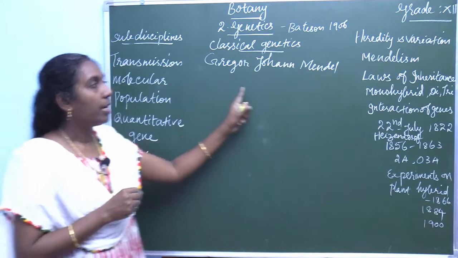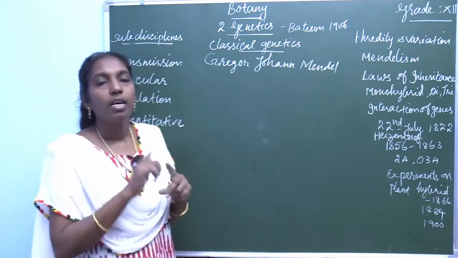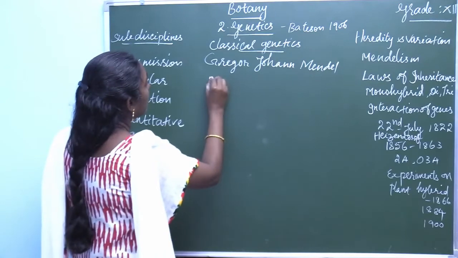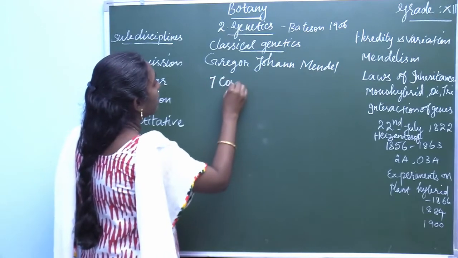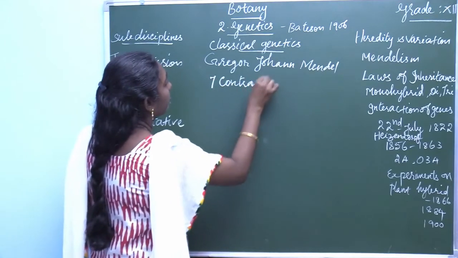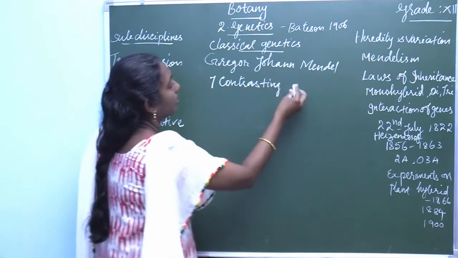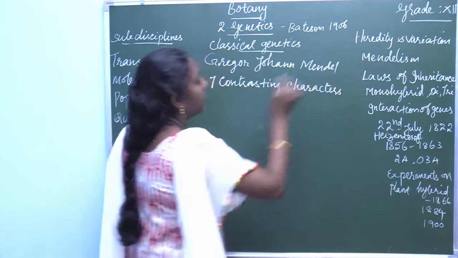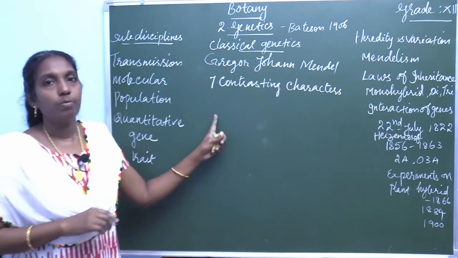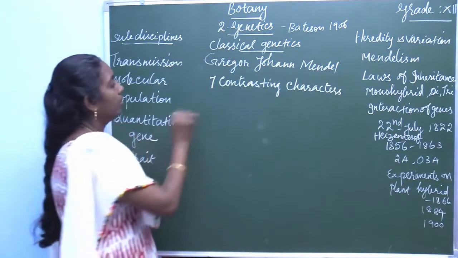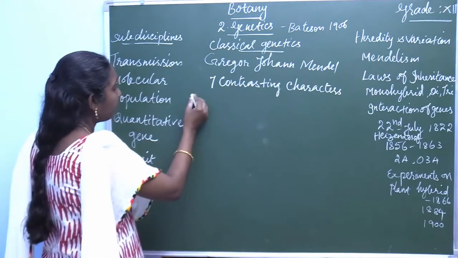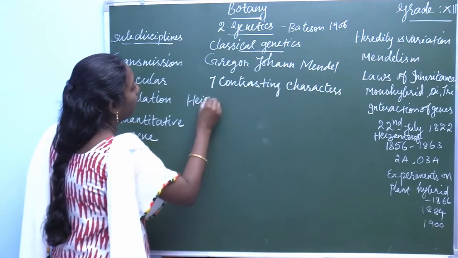Here Gregor Johann Mendel selected 7 contrasting characters. What are the characters Mendel selected? The first character he selected is height of plant.